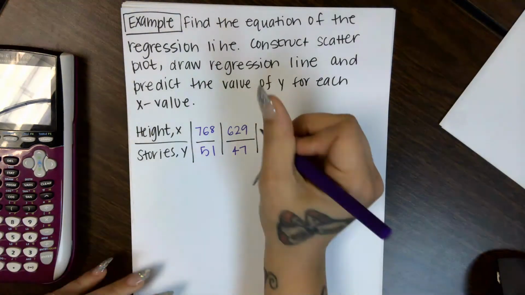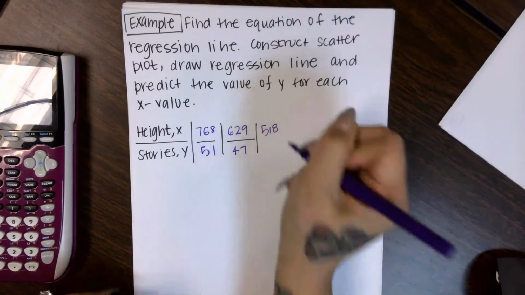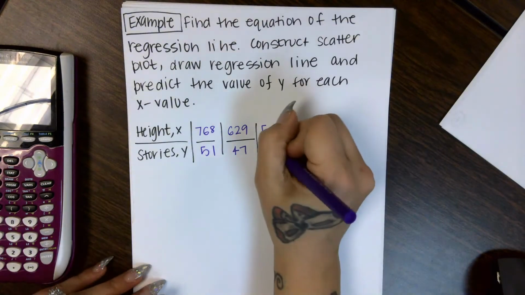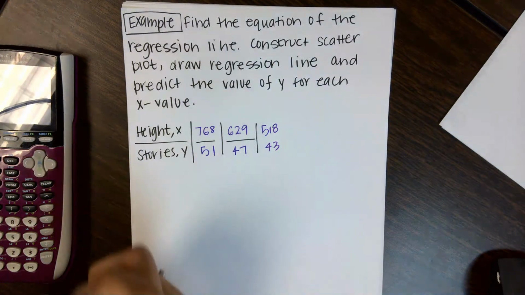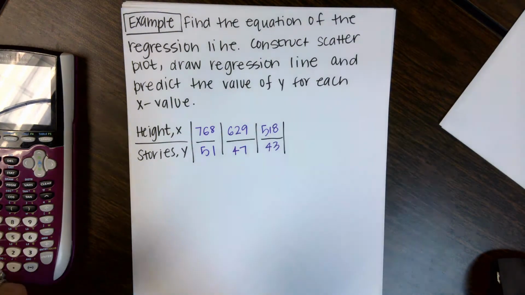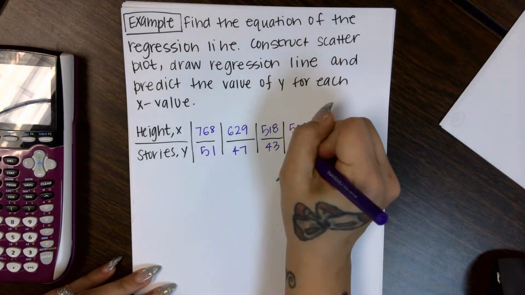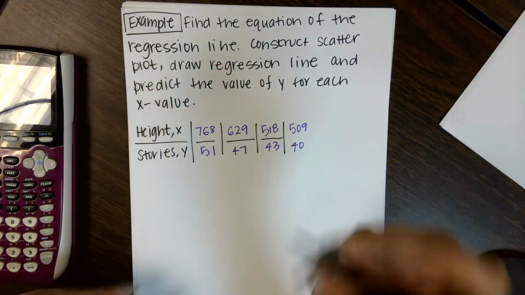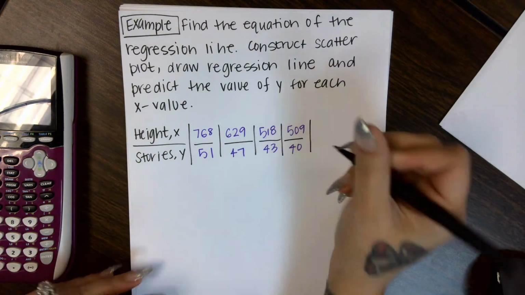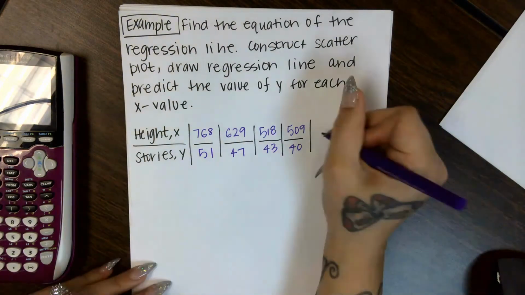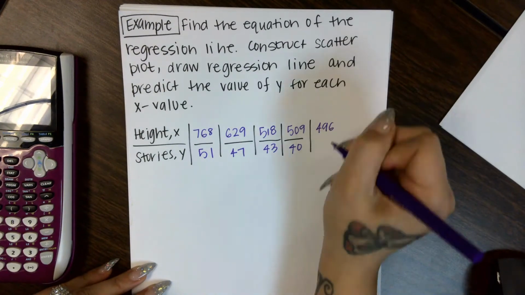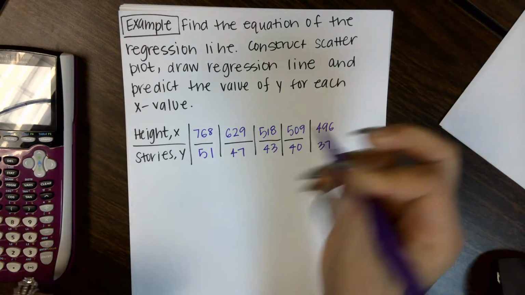Third, 518 with 43 stories. 509 with 40. I have a building that's 496 feet tall that has 37 stories.